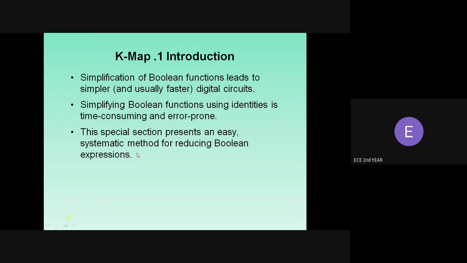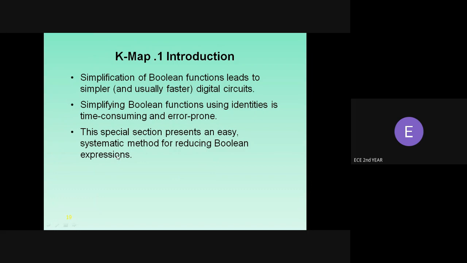For example, if you have A, B, C in the Boolean expression, you have to go for one AND gate, and if you have A bar B, C, you have to go for another AND gate. And by using this particular KMap method, we can reduce the number of gates. By reducing the number of gates, the time required to design a logical circuit is reduced.